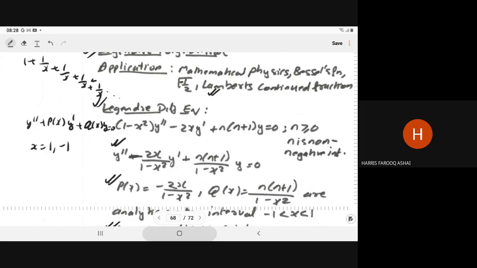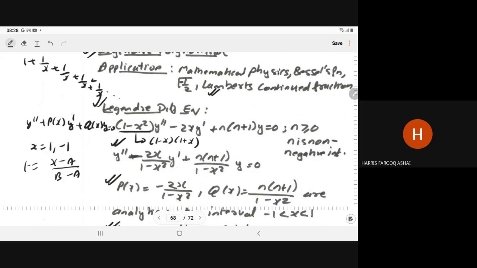The first term is 1 minus x square, which can be written as (1 minus x)(1 plus x). So it is similar to the hypergeometric equation. If you have to find the solution near x equal to 1, you have to take the substitution t equal to (x minus a) upon (b minus a).